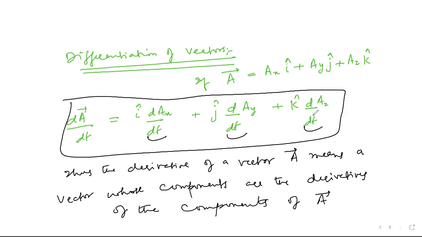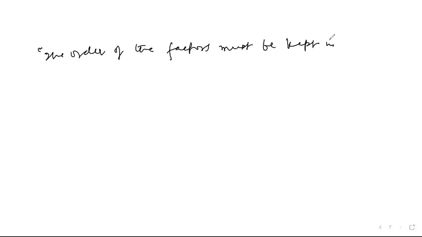With one word of caution, that word of caution is the order of the factors must be kept in a cross product.